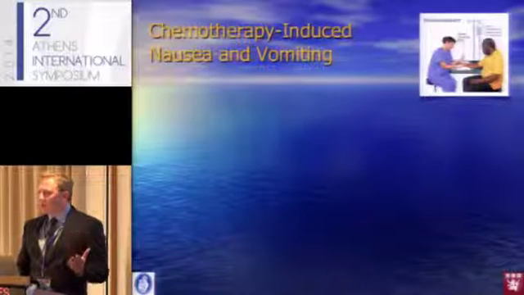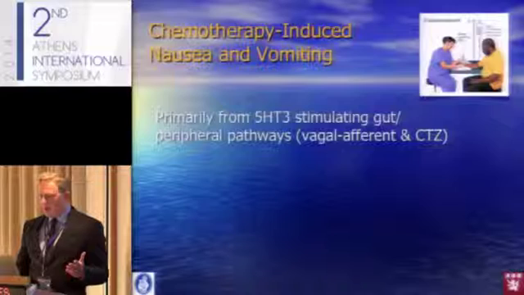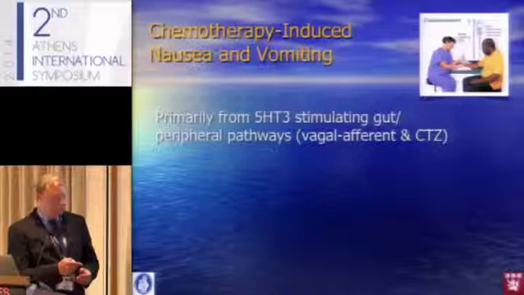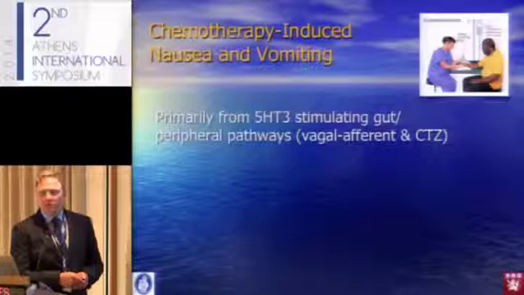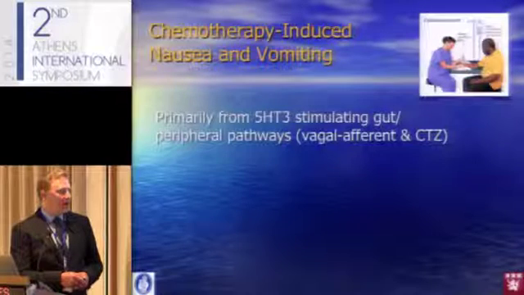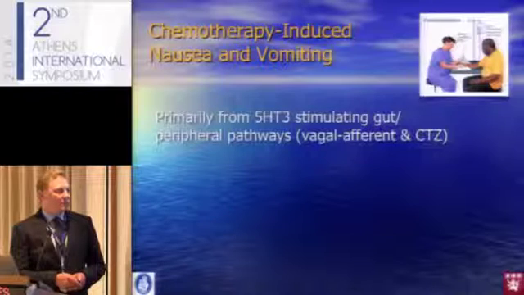Very common is chemotherapy-induced nausea and vomiting. There's plenty of research on how to address that. The pathway is primarily serotonin receptors in the mucosa of the gut and the viscera going via the vagus nerve to the brain, but also the chemoreceptor trigger zone.